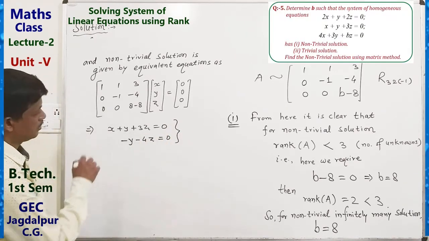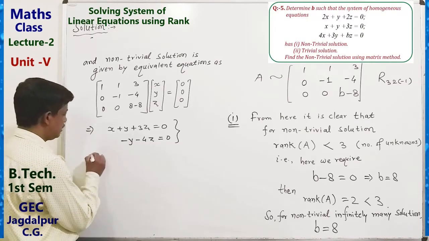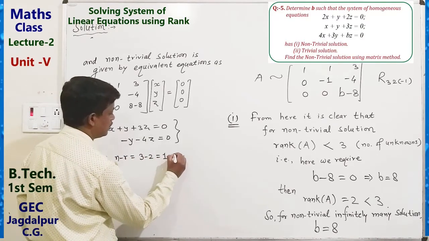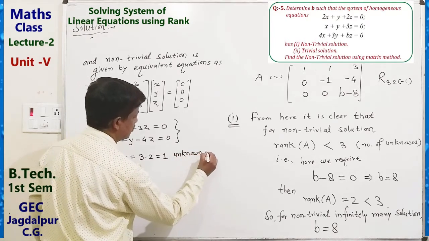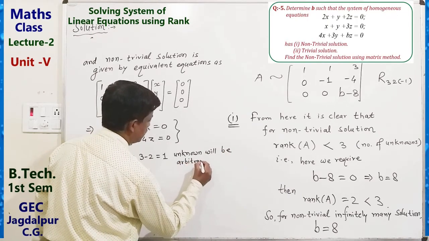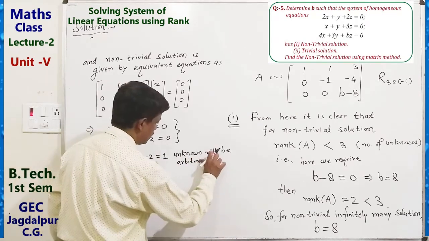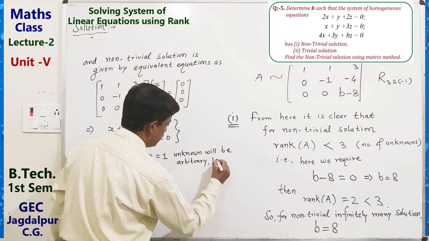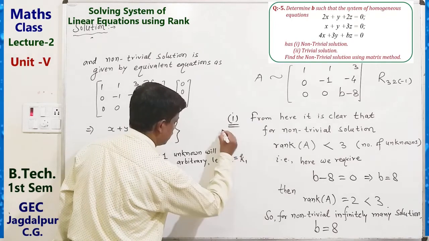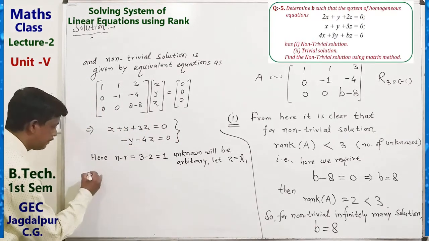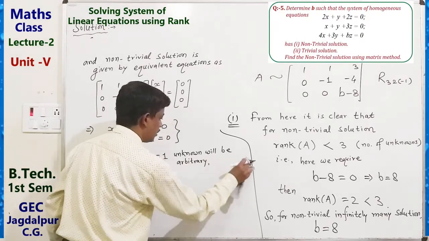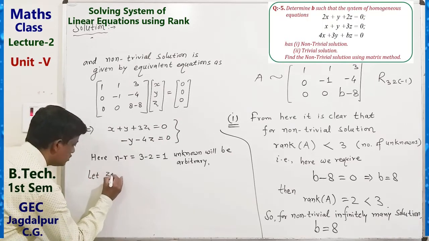Here the rank is 2, so n minus r, that is 3 minus 2 equals to 1 unknown will be arbitrary. Let z equals to k1.